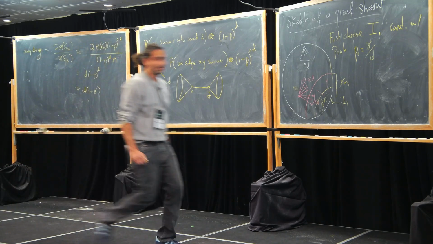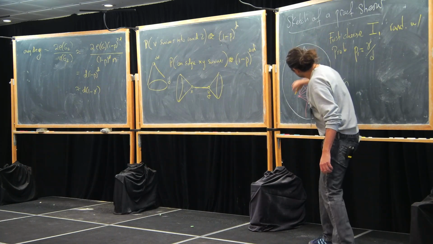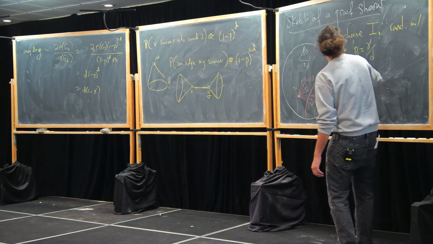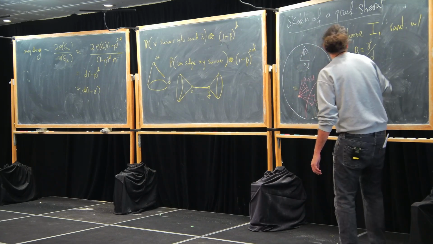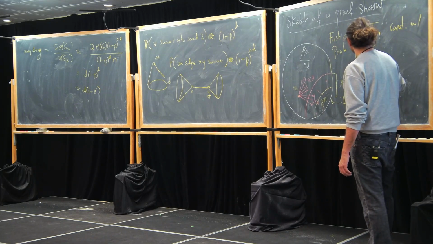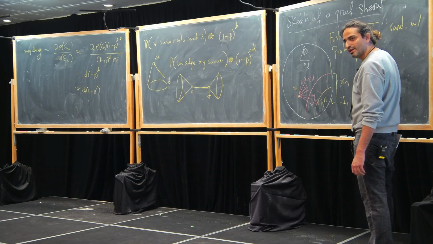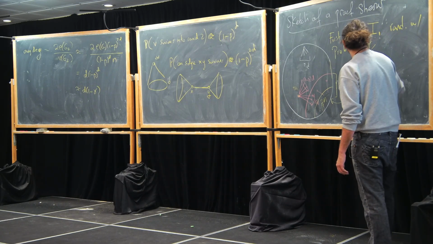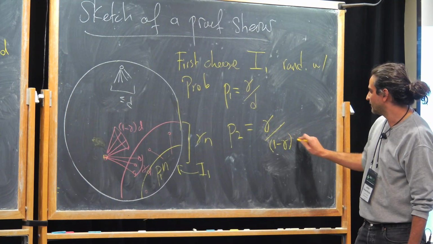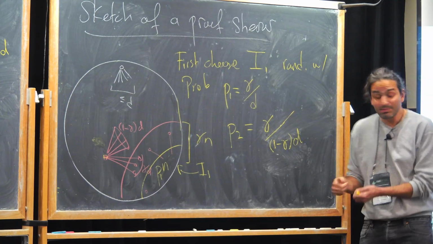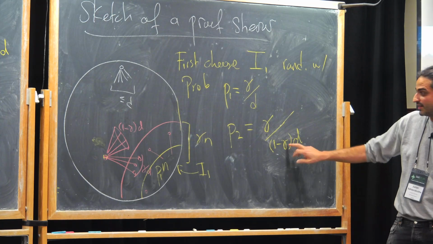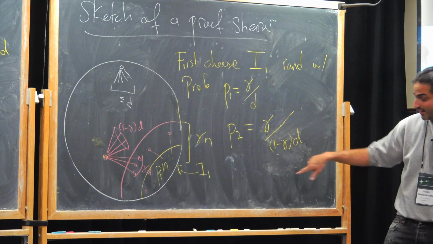And now we can immediately see why we can continue. So I've sort of verified that this picture is in some sense correct. But now I'm going to choose my P2, so I'm going to take my second nibble. P2 is going to be what? It's going to be some small constant, not times this initial degree, but times a new degree, which is 1 minus gamma times d. So I've been able to push up. I get this factor. I can choose a larger set with a larger density in this set.